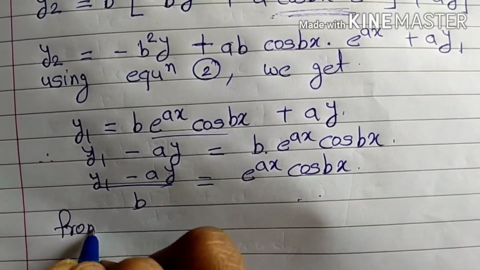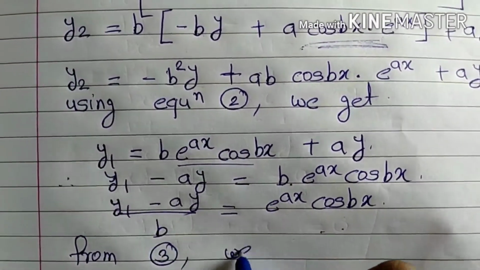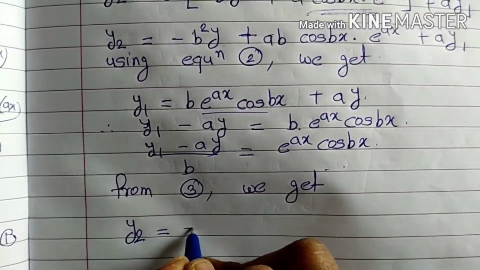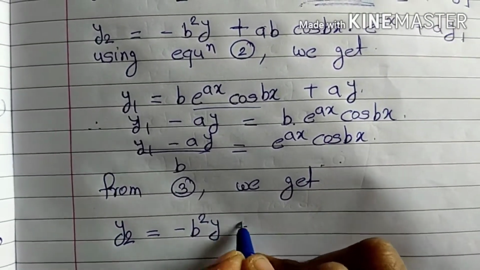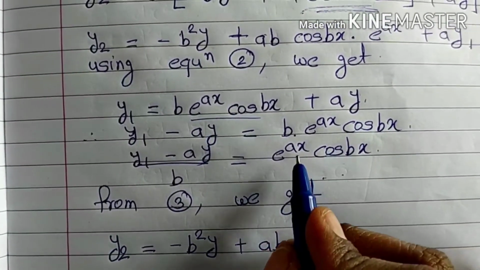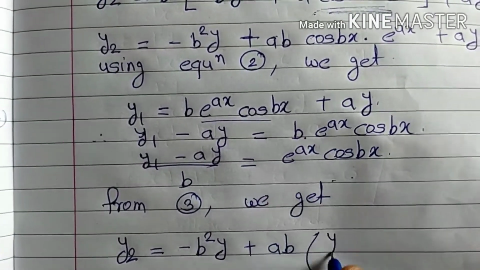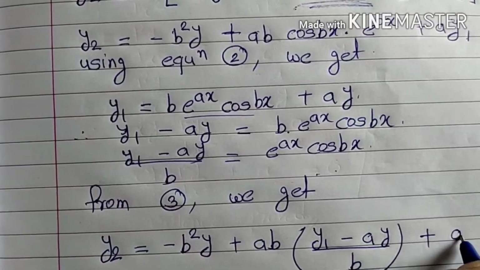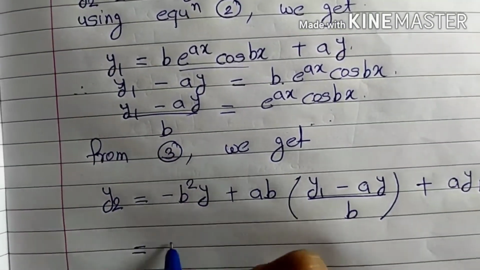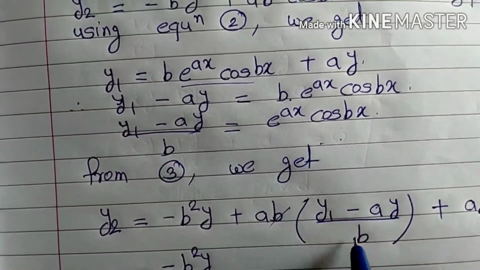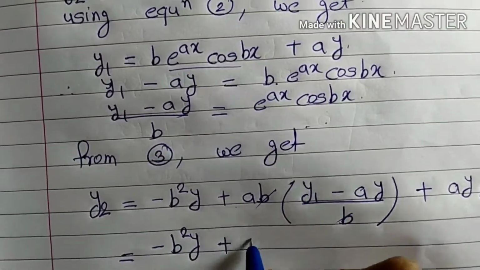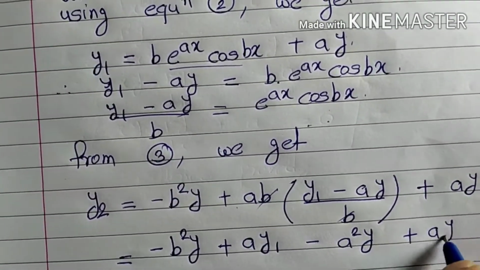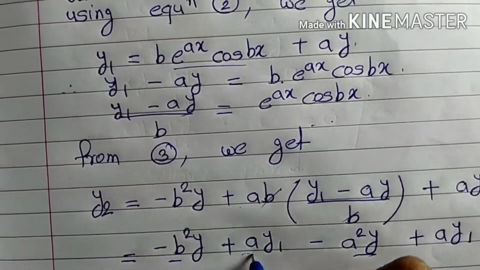From 3 we get y2 is equal to minus b square y plus ab as it is, and the value of e raised to ax cos bx is y1 minus ay upon b, and this remaining plus ay1. Now in minus b square y, this b gets cancelled and multiplying a, we get ay1 minus a square y plus ay1. Now calculate these terms.